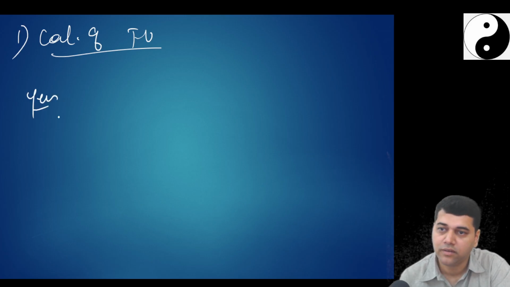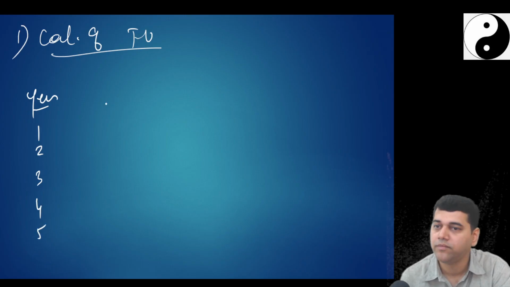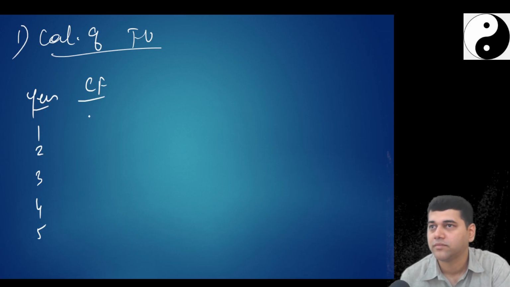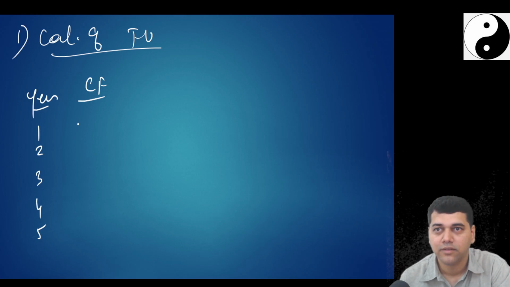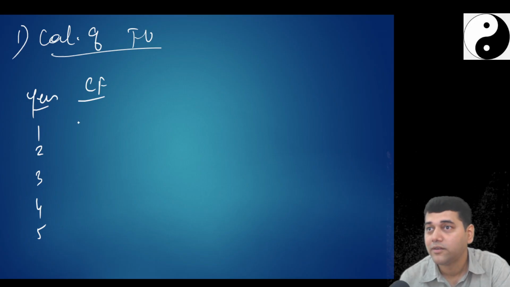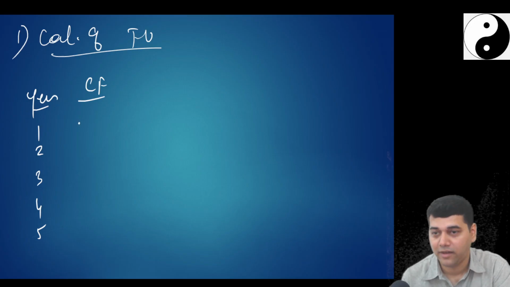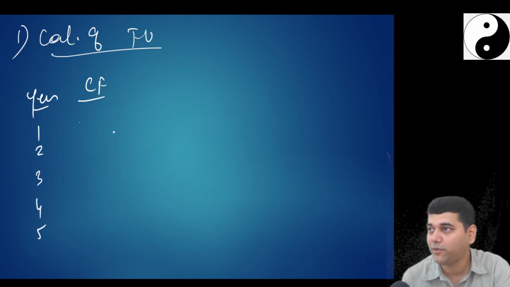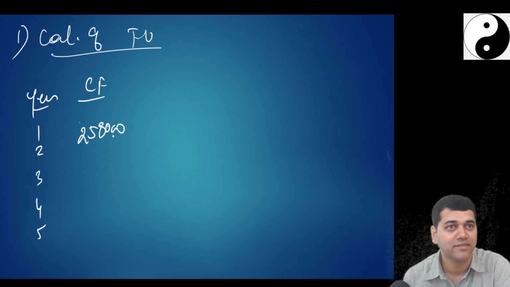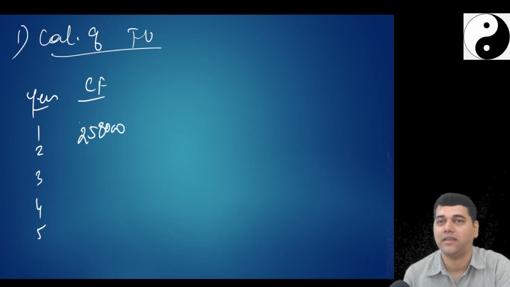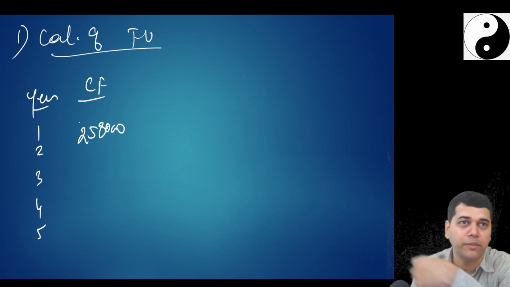Okay. Year 1, 2, 3, 4, 5. Then what is my cash flow? Two lakhs? Tell me one amount, will you write all the amounts? Is it correct? See, one thing I can write, you will copy me.